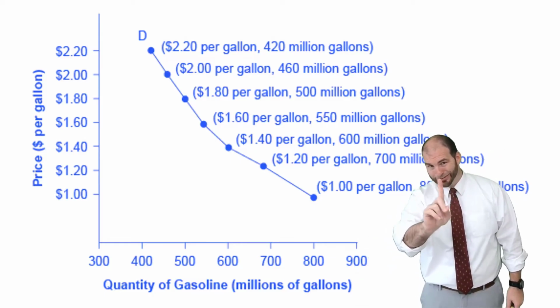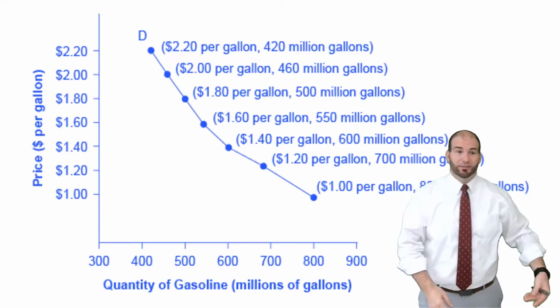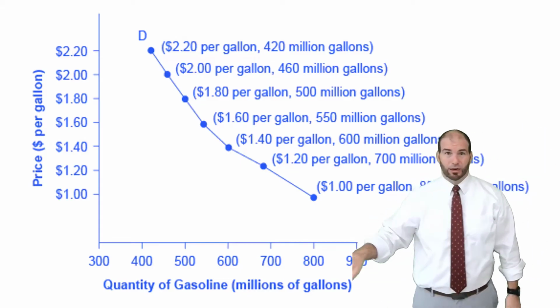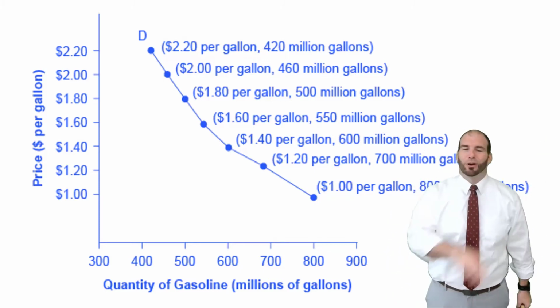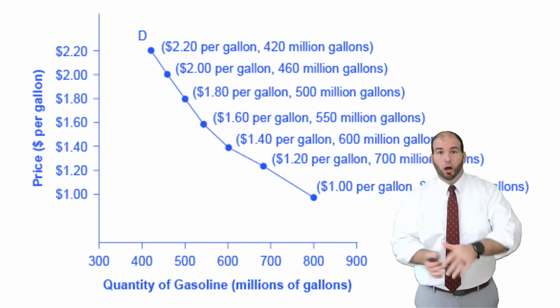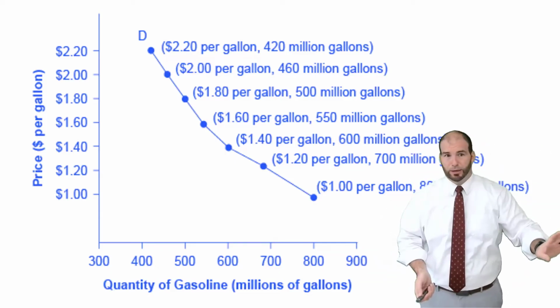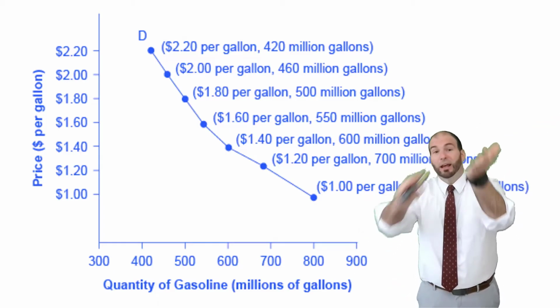I keep saying it because it's important. It always goes down because the price is on the left side and the quantity is on the bottom. So the higher the quantity, the lower the price. All right? Demand curves are always set up like this, and when I say a straight line, it's a curve. But it goes down.